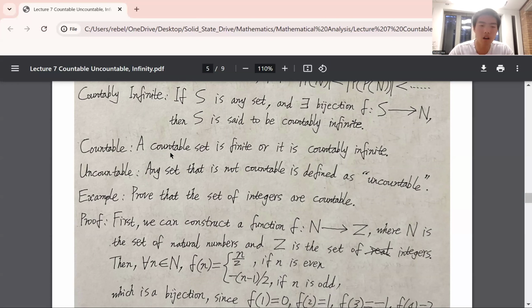Any set that is not countable is called uncountable. So we can give a graph like that. This larger rectangle is called sets, and sets can be cut into uncountable and countable. And countable sets we can also divide into countably infinite and finite.